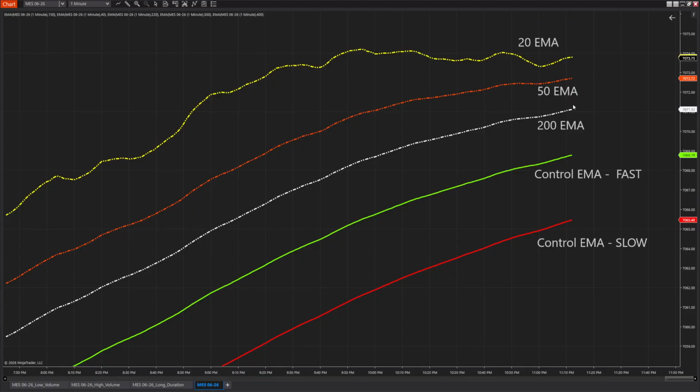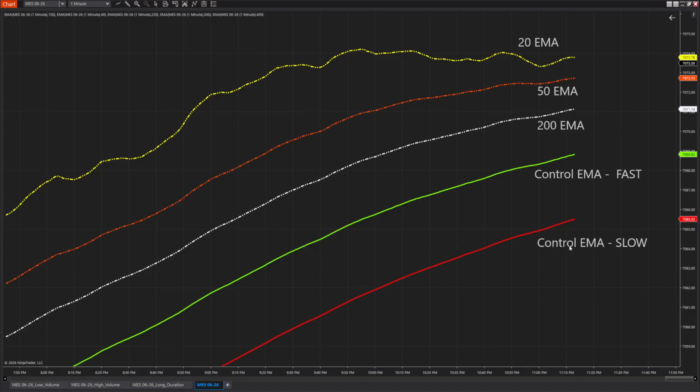And the same with the 50, and the same with the 200. They're also good places to set your take profit, since they'll typically touch and often have support or resistance. We can talk more about this. They're very good for managing your trades on entry and exit. So that's what these 3 are for.